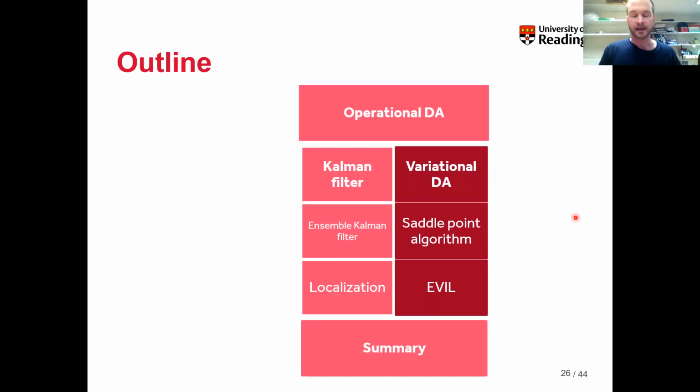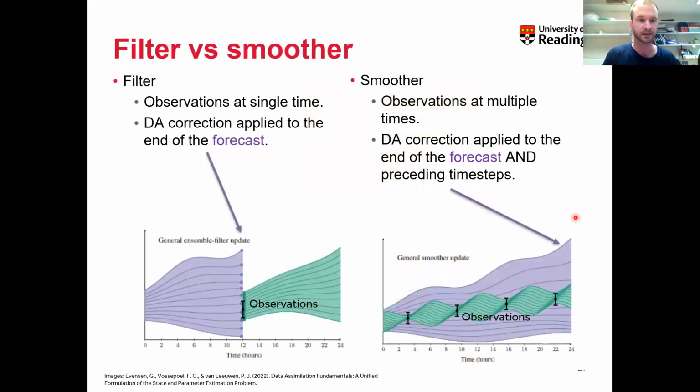Okay, then the other family of data assimilation methods, which is actually the current state of the art, is variational data assimilation. And variational data assimilation is popular if you use a smoother.